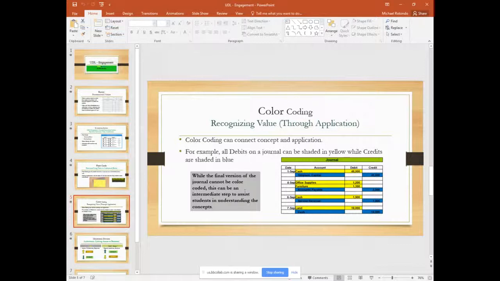But while they're learning it and while they're working on their drafts, they can do that to help them connect the concepts. So I think by using this approach, it can help them understand this better and help me get through that preconceived notion barrier.